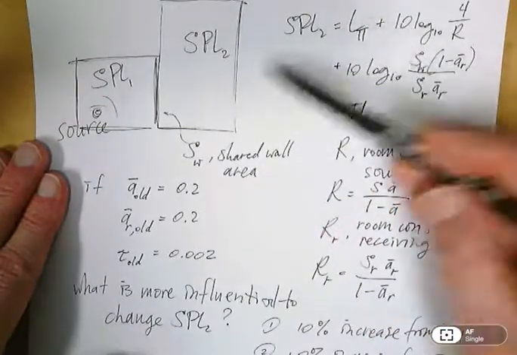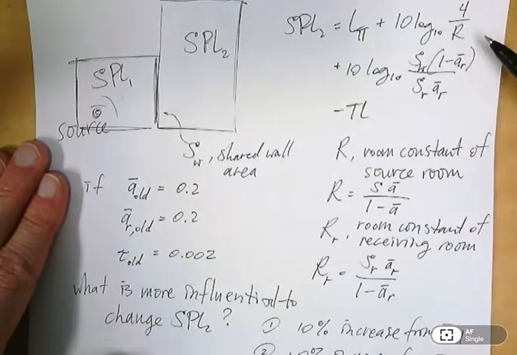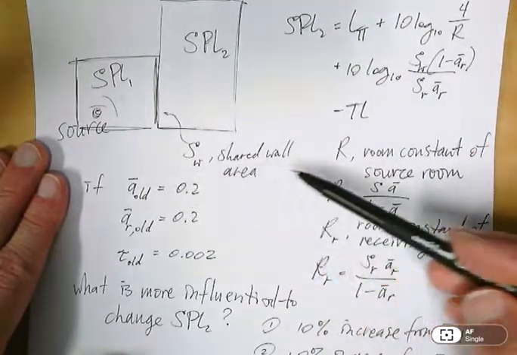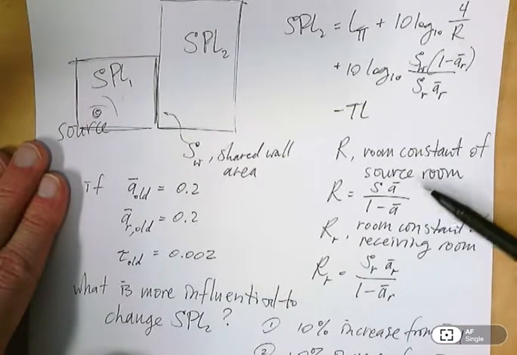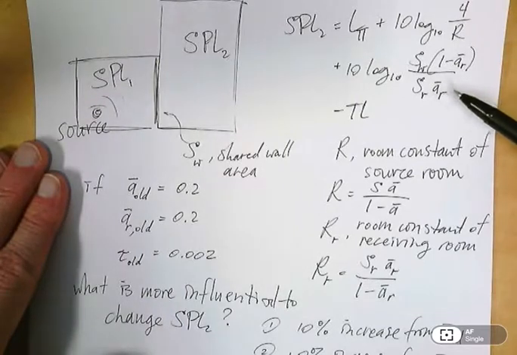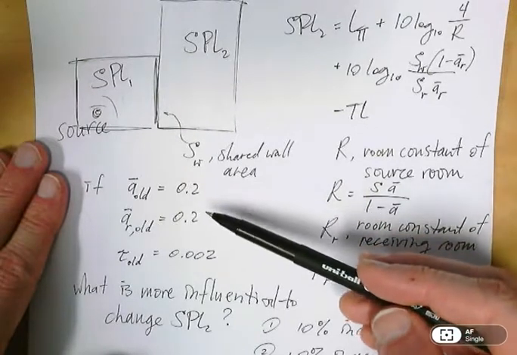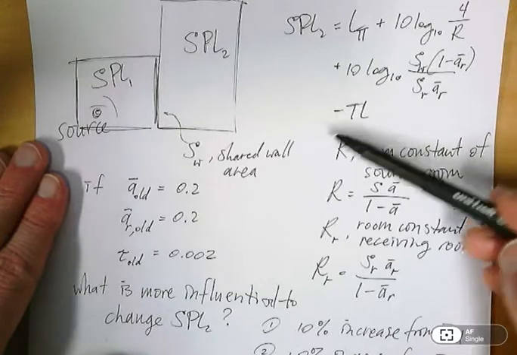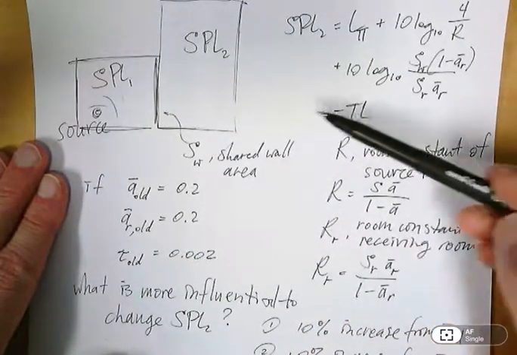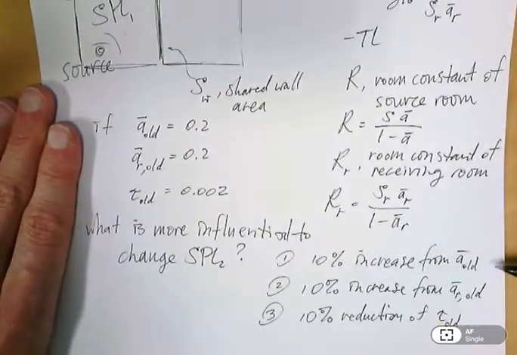If we can address the room constant that's associated with the mean absorptivity of the source room, or if we can address the mean absorptivity in the receiving room, it was originally this value, or if we can address the transmission coefficient that's associated with the shared wall. What is more influential? Which of these changes? Can you solve that?